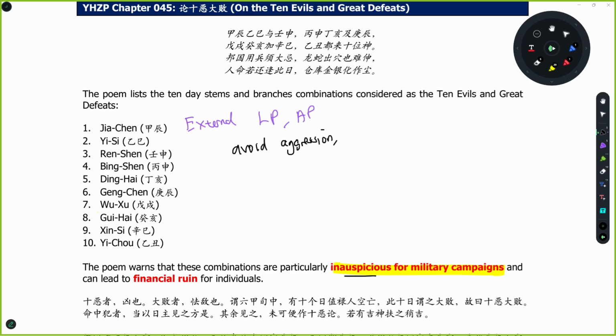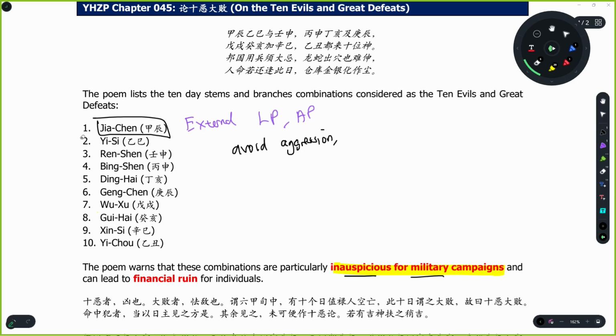It says inauspicious for military campaigns. Military campaign of course means to assault, to attack. Therefore, these stems are not suitable for military campaign. So if anyone were to launch a military campaign this year, this is not the best year to do so.